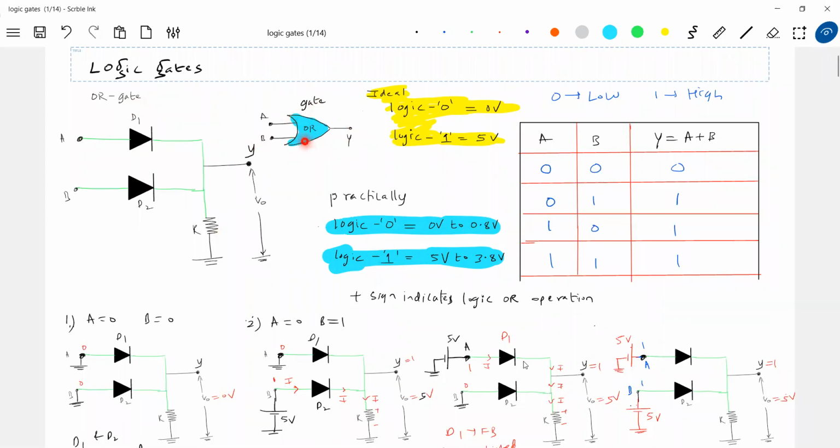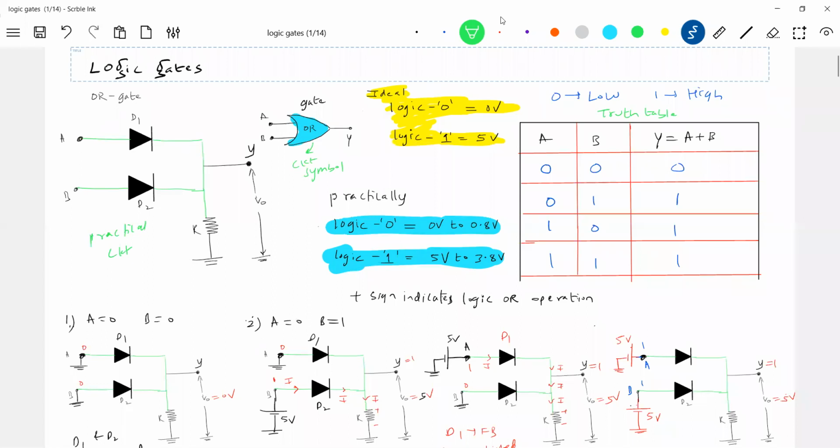This is a circuit symbol. So what is the meaning of this? There's a practical circuit. This is called a truth table. In mathematics, you call it a truth table. Truth, the reality.